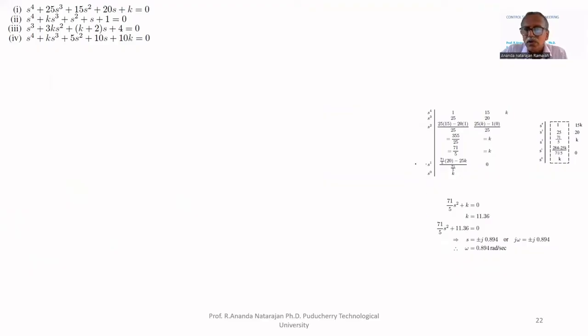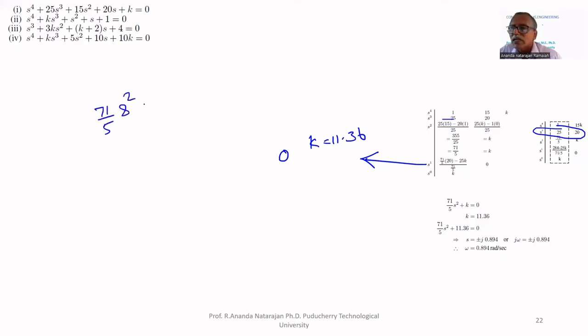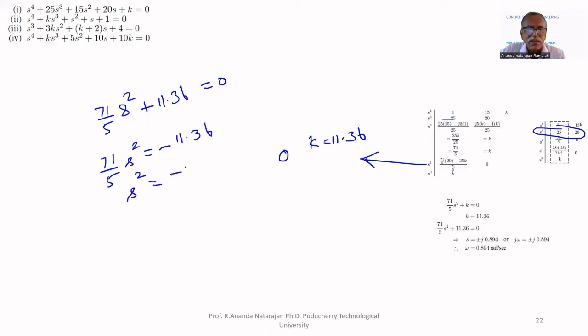In the other example, the s power 1 row will become 0 when k equal to 11.36. Therefore, we have to consider the s² row. The s² row is 71 by 5: 71s² + 5 × 11.36 equal to 0, so s² equal to -11.36 × 5/71.